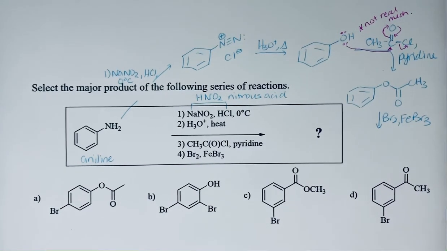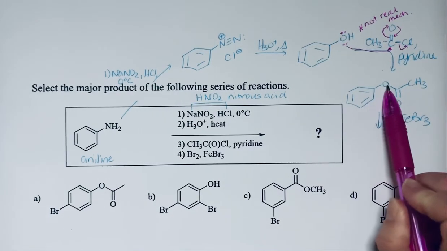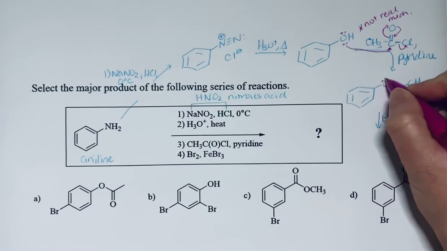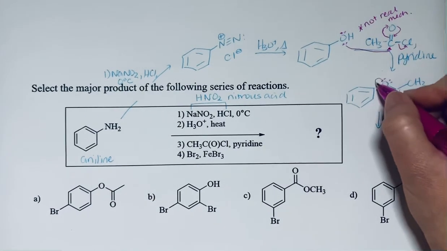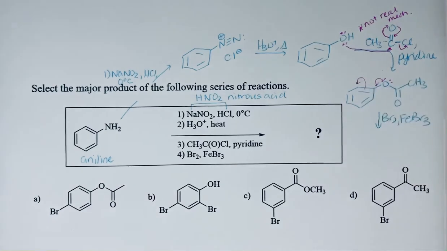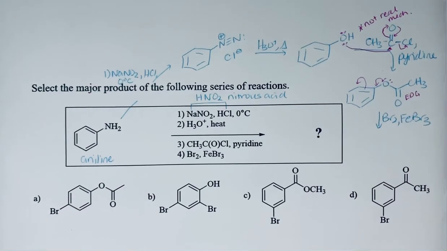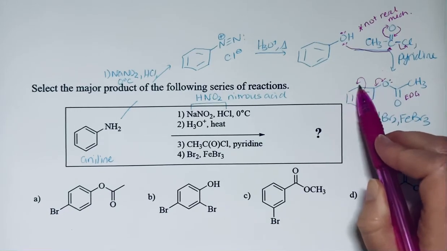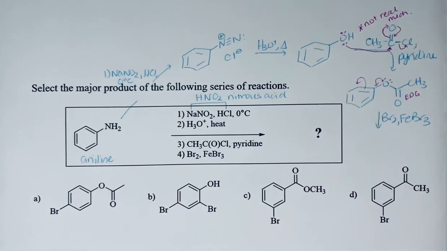So you want to look for some key structural features. And so what we see here is that bound to the ring, we have an oxygen, and that oxygen has 2 lone pairs of electrons. And those can donate into the ring. And so this is electron donating. And what it's specifically going to donate and give electron density to is initially the ortho position. And we could draw resonance structures that also show that we've activated the para and the other ortho position.